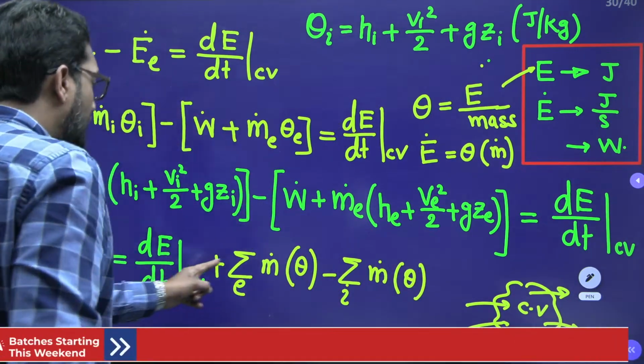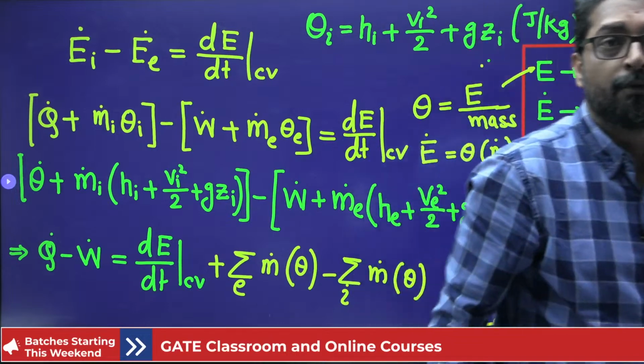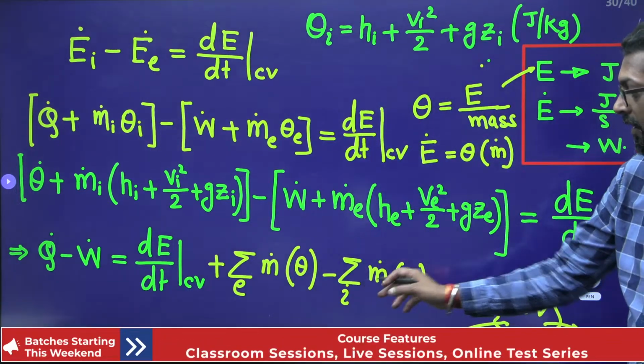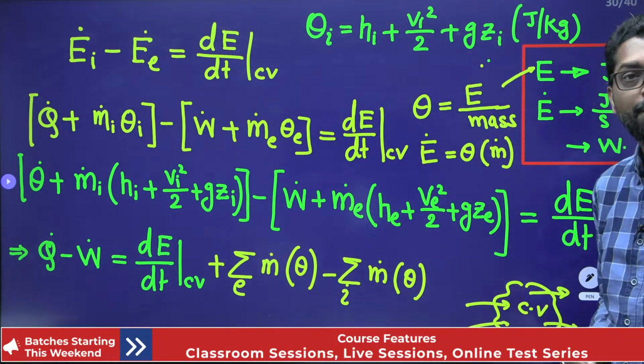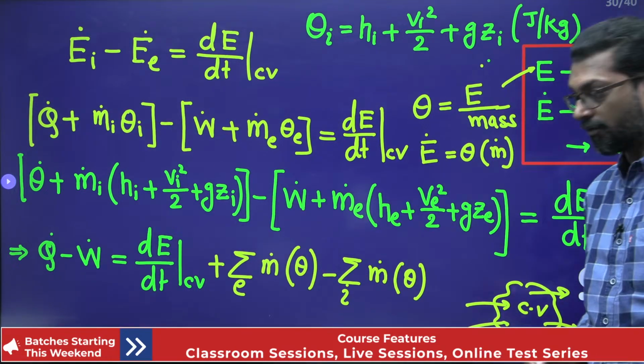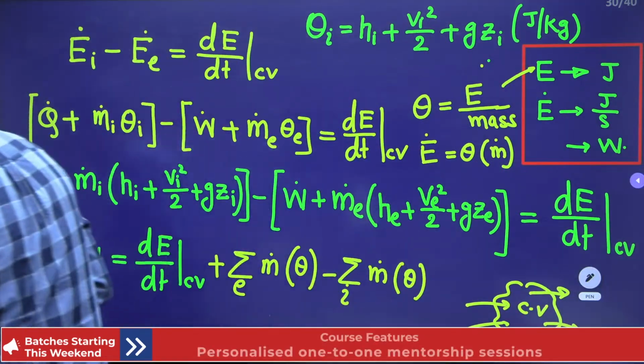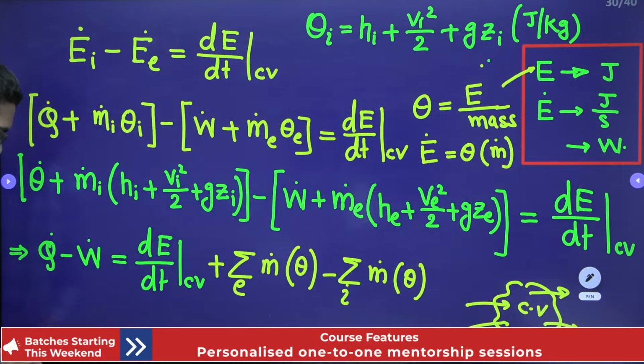So this is the first law of thermodynamics for an open system. This is very important, I am telling you. This is your first law of thermodynamics for the open system.